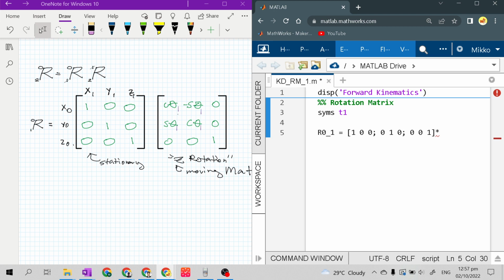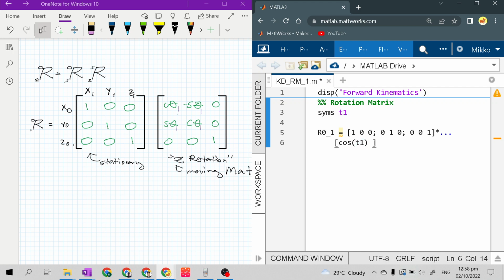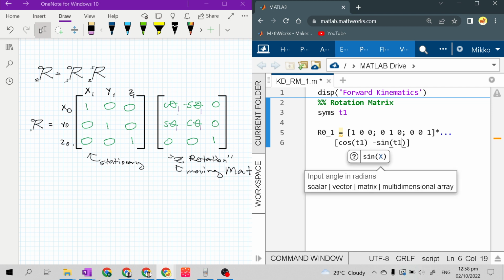So let's build the next matrix. So I will use 3 dots and enter to continue the equation, the R01 times R12 equation in our code. So here, this is again square parenthesis, then cosine, open parenthesis T1. Okay. Then negative sine, open parenthesis T1.